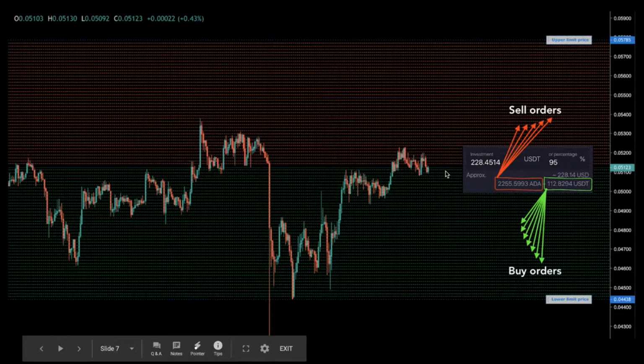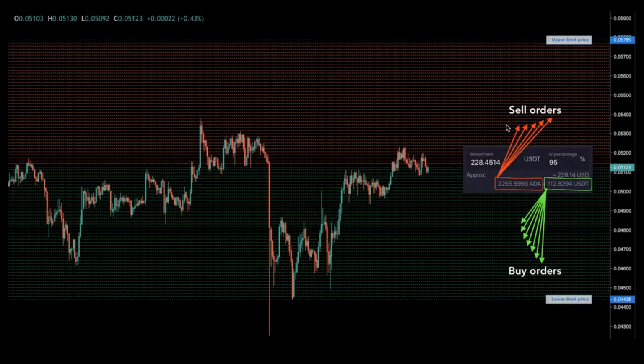And you can see that in order to set the trading bot, you must have enough of the base currency, in this case Cardano, and quote currency. The quote currency is going to be used in our buy orders to buy the base currency, and our base currency will be used to sell it to USDT.